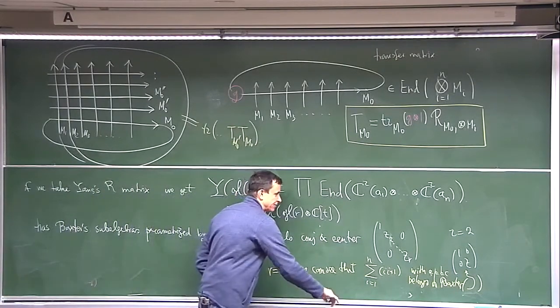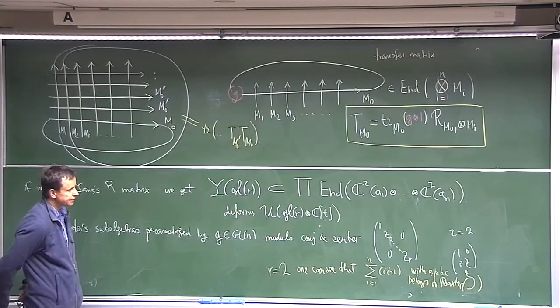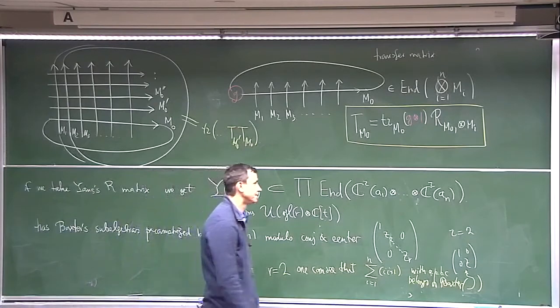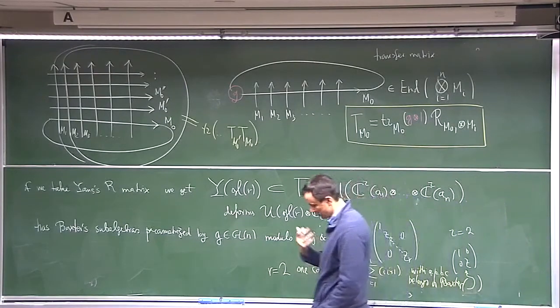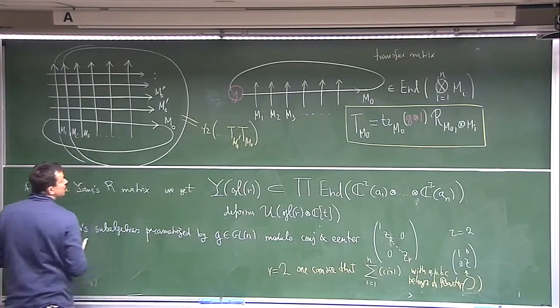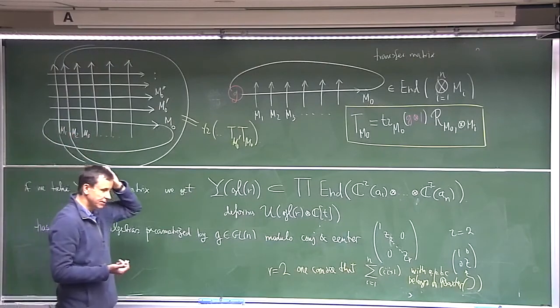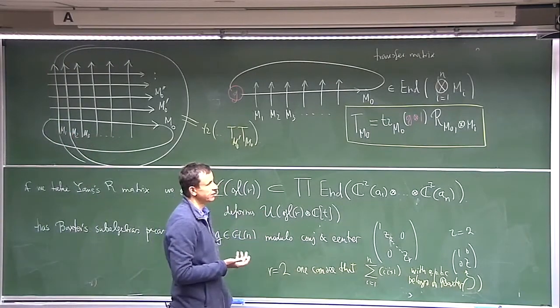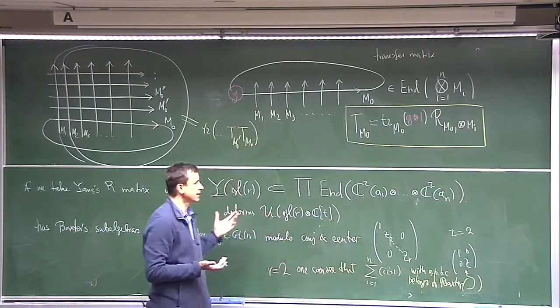It's not an entirely trivial computation, but it can be done. And so this says that this mechanism, this Baxter mechanism of producing many commuting operators, works not only for this lattice model, but also for related models of quantum mechanics, namely in this case a spin chain.